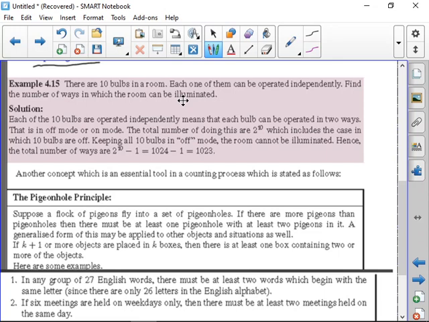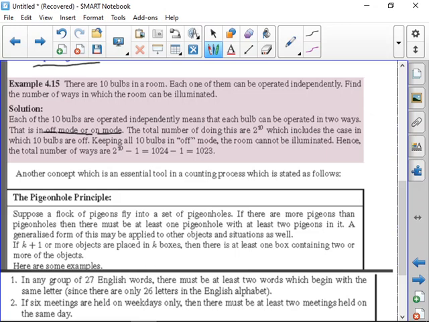Each of the 10 bulbs is operated independently, which means each bulb can be operated in 2 ways, on mode or off mode. 10 bulbs are there, and each bulb can be operated in 2 ways, either off or on.